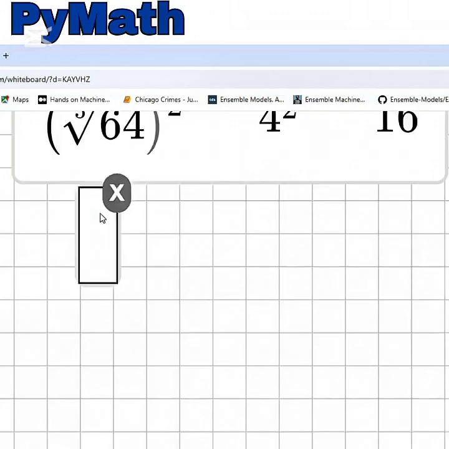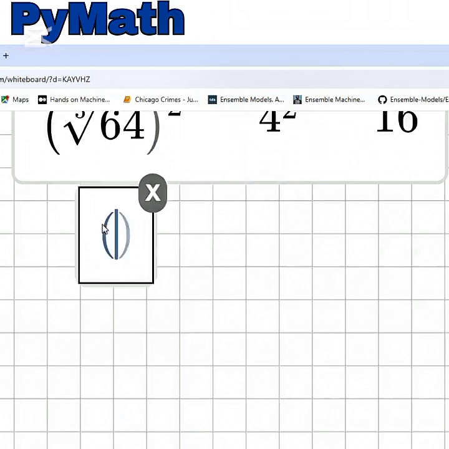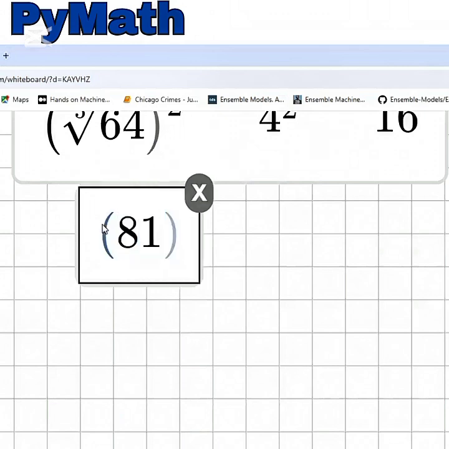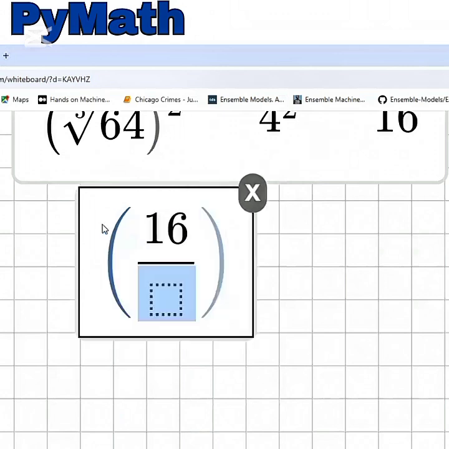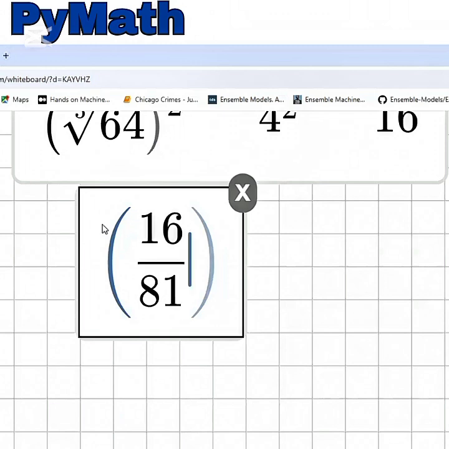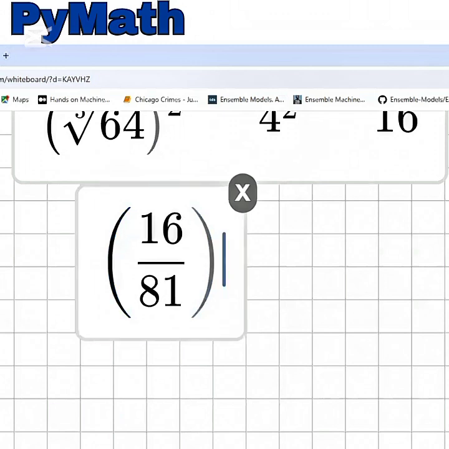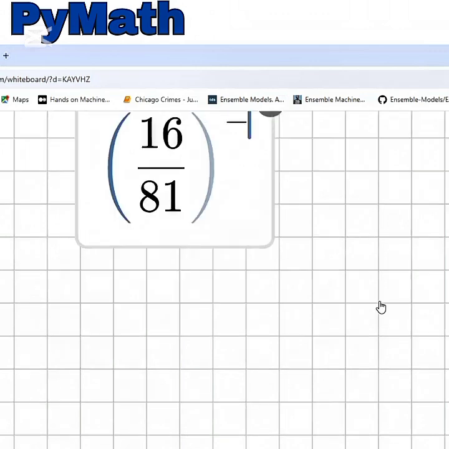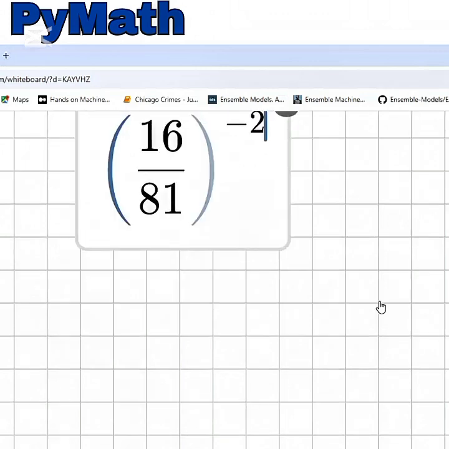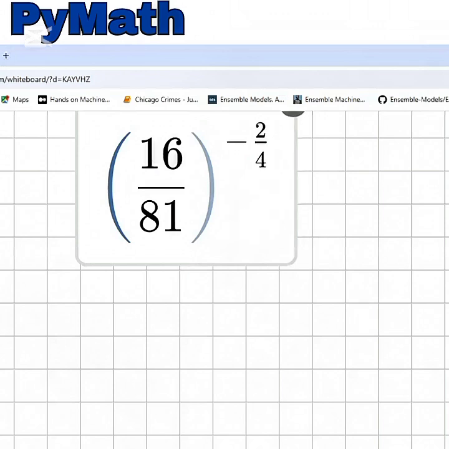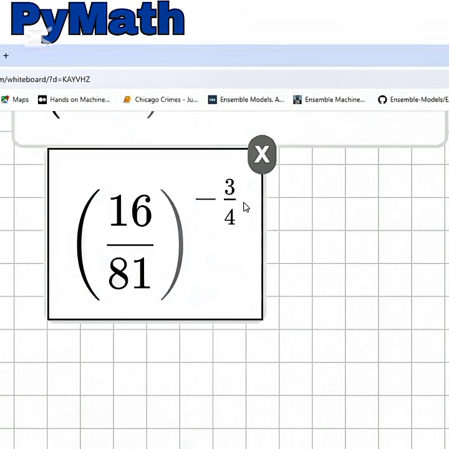In brackets, we have 16 over 81, raised to the power of minus 3 over 4. How then do we express this? We do it the same way as in the last example we saw.